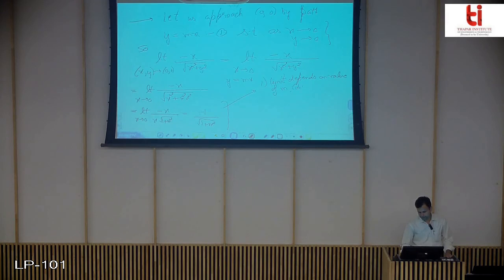That is, it is different for different values of m. Limit is not unique. It is path dependent. Because we were saying earlier that it should not be path dependent. Whatever path you follow, the value of limit should always be unique.